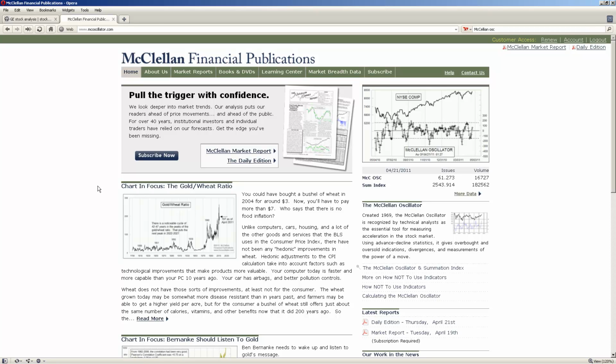And for the most part, their service is not free. However, they do have some free features which are massively useful. And I just wanted to point those out because they are a very good thing to look at every night.